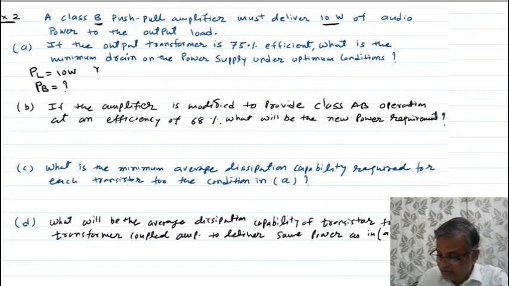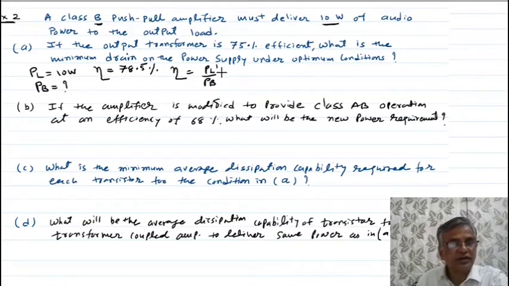You know the optimum efficiency is 78.5%. So I can write eta is equal to PL dash upon PB into 100.